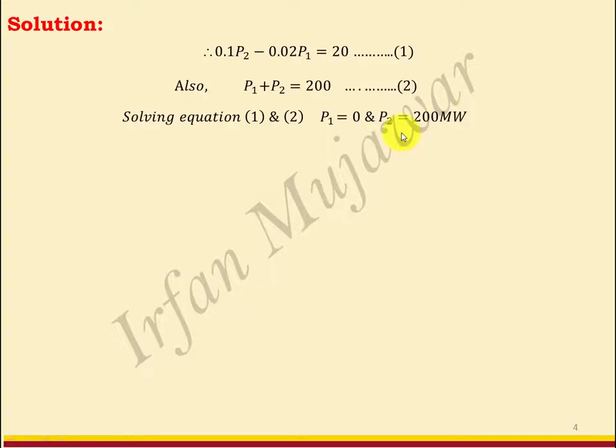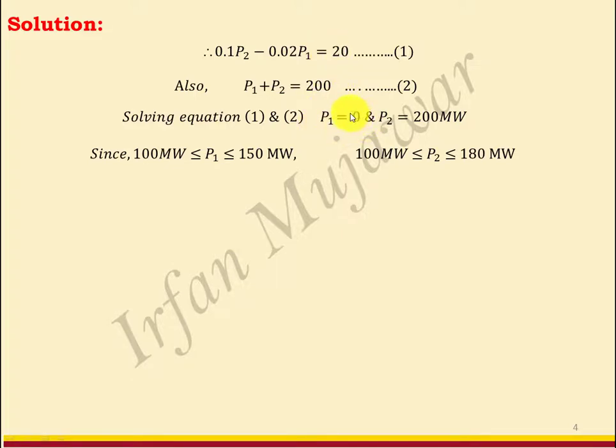But here the minimum and maximum limits of generation are specified. So what are those limits? P1 should be more than or equal to 100 megawatt and less than or equal to 150 megawatt. P2 should be more than or equal to 100 megawatt and less than or equal to 180 megawatt. Now clearly P1 equals 0 by our calculation.